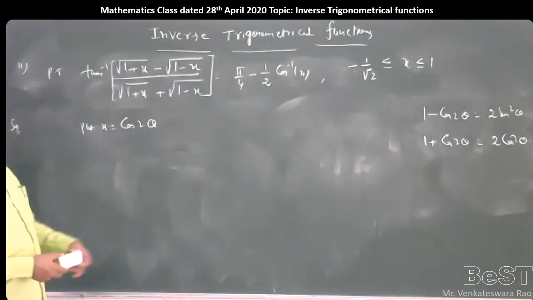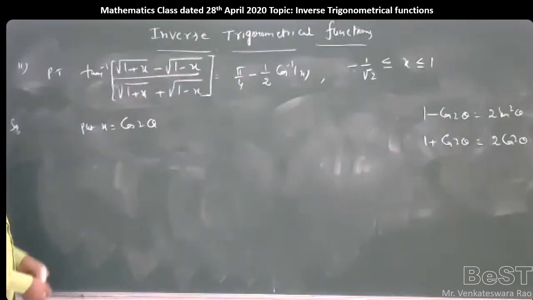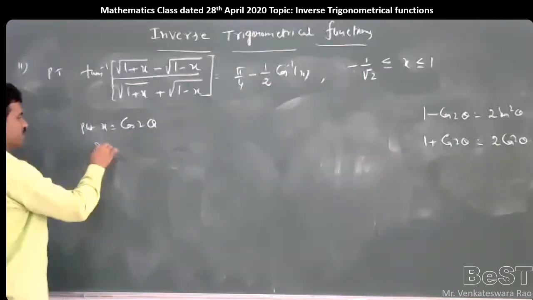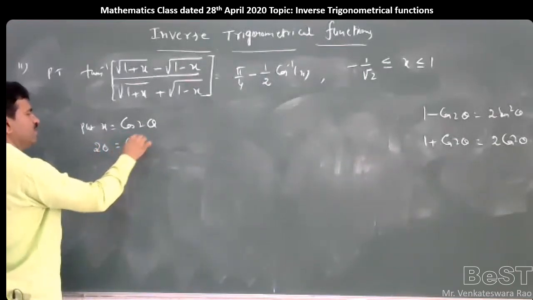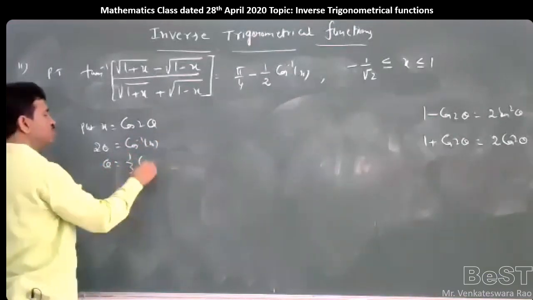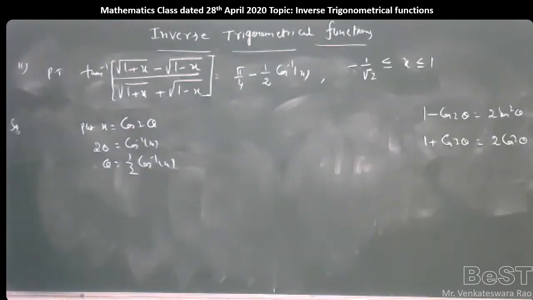To confuse you, they will change this x. See this one: 2 theta is equal to cos inverse of x, so theta is equal to 1 by 2 cos inverse of x.